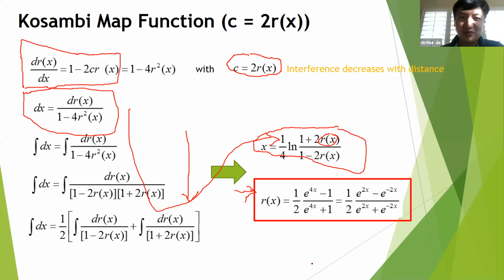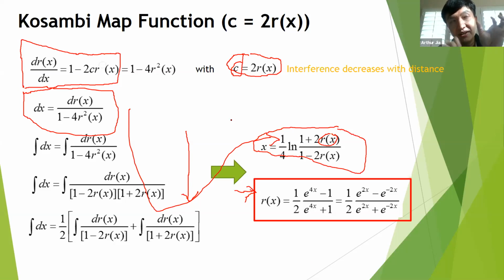For the final exam, for example, I could give you a question like this: what's the difference between these two map functions, the Haldane and the Kosambi? The simple answer is that the major difference between these two is the C. In the Haldane, we just give C a constant, equal to 1, by assuming these two regions, region 1 and region 2, are independent.